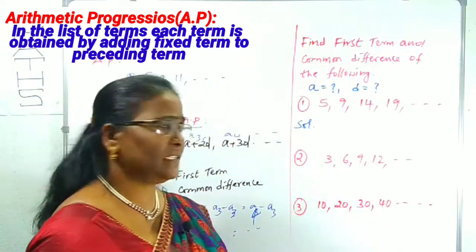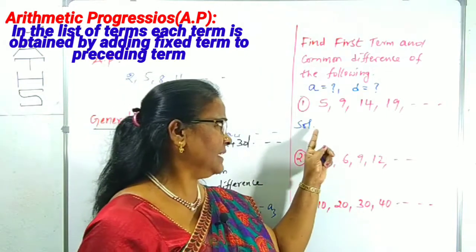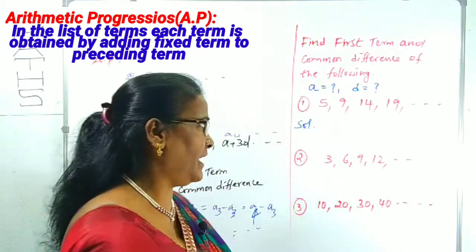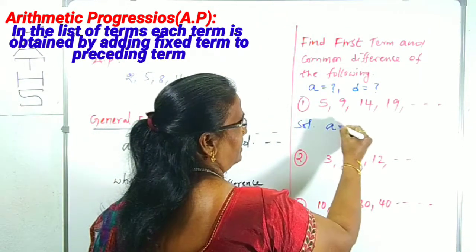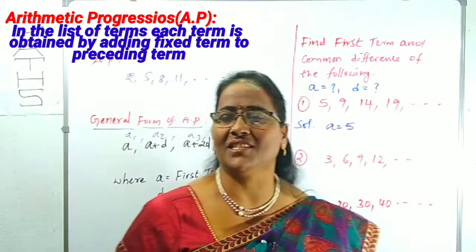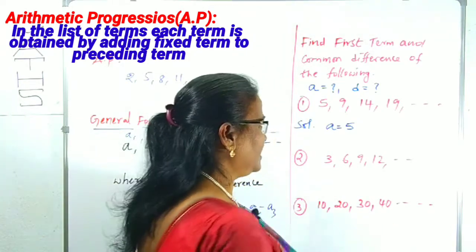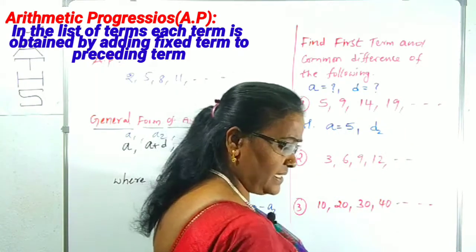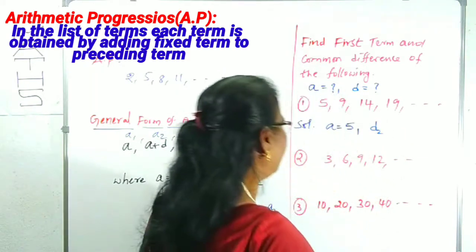So anyone can guess what is A here? In the first question, what is A? What is the first term available here? 5. That is only A, right? A is how much here? 5. What is the common difference? How can you get the common difference? D, we can get A2 minus A1.